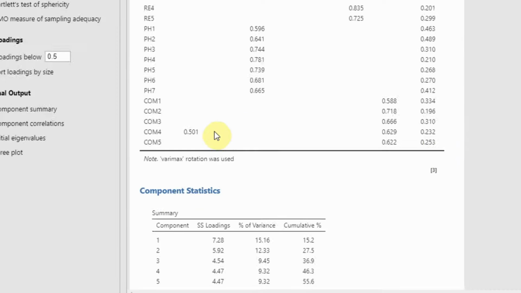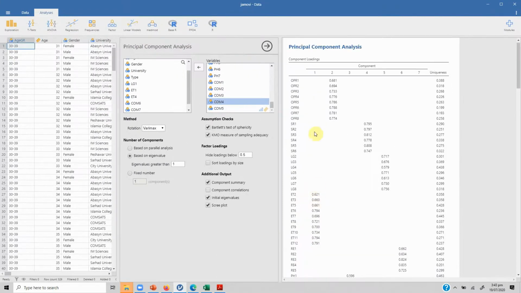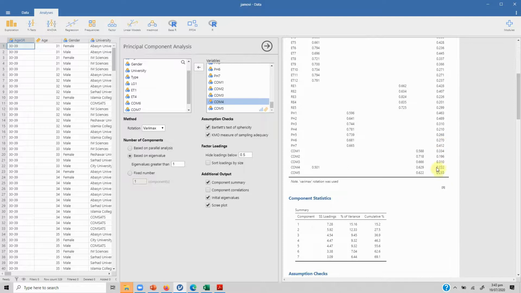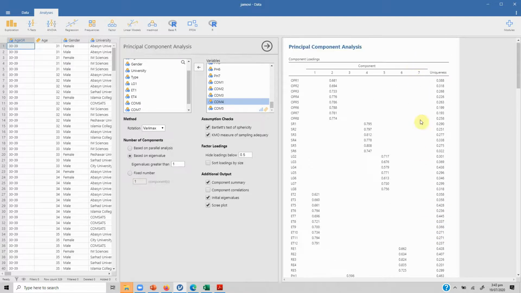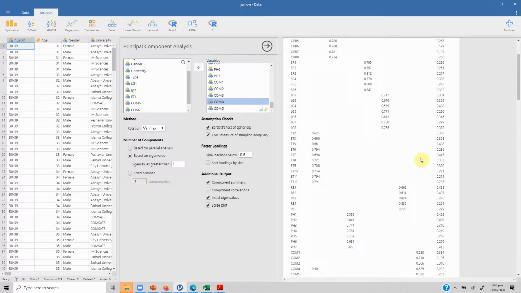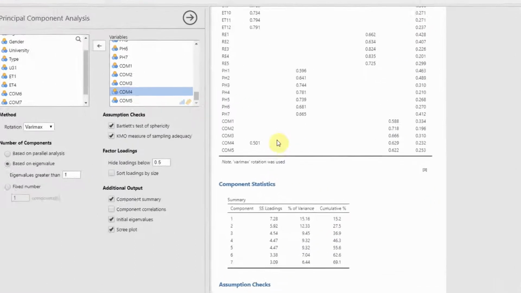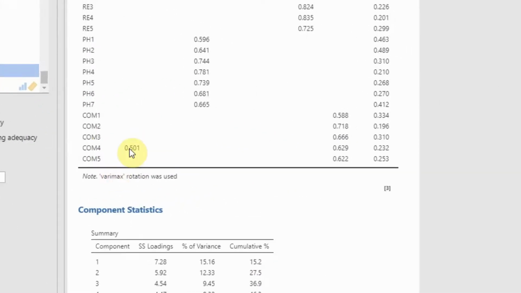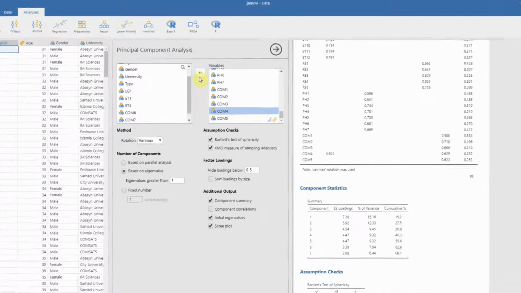Why is it cross loading? Because its loading is higher on factor 1 with ethical responsibilities, and it's also loading with its own dimension on factor 7 here. This means that this item lacks clarity in your research, so remove it.